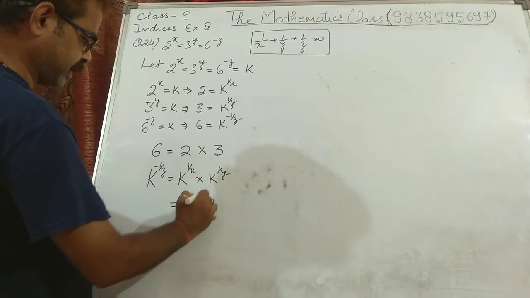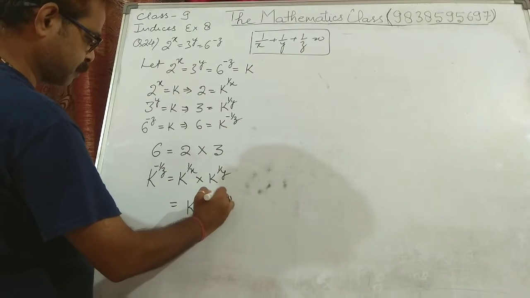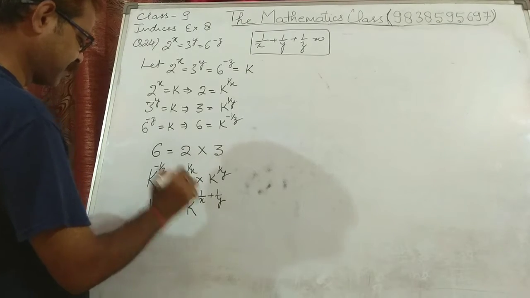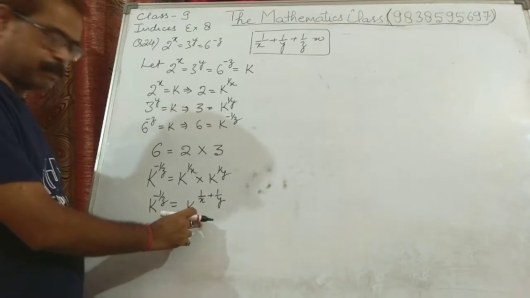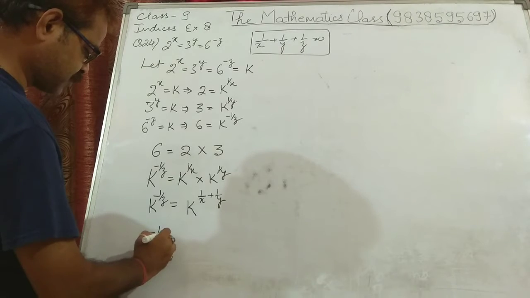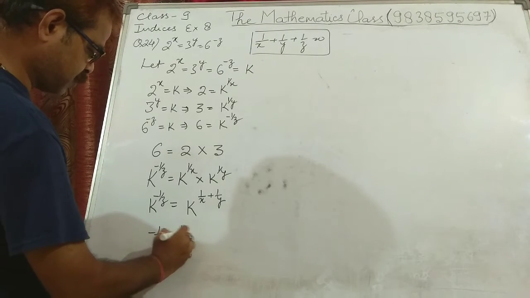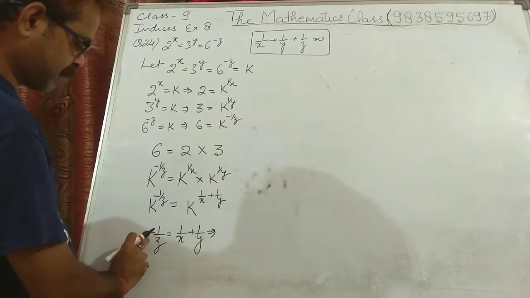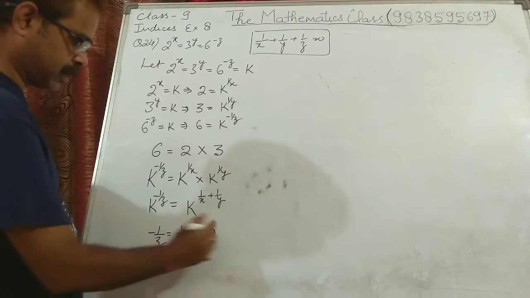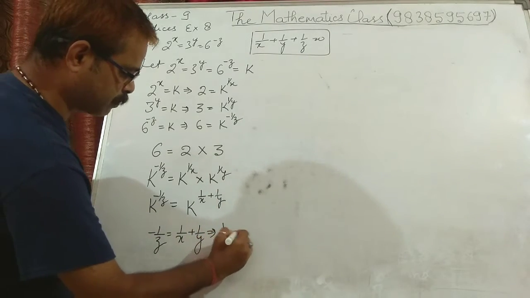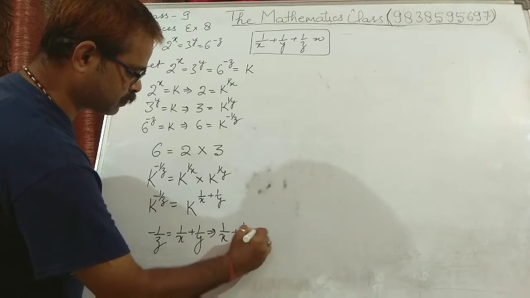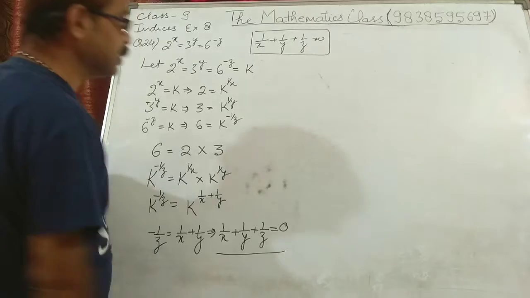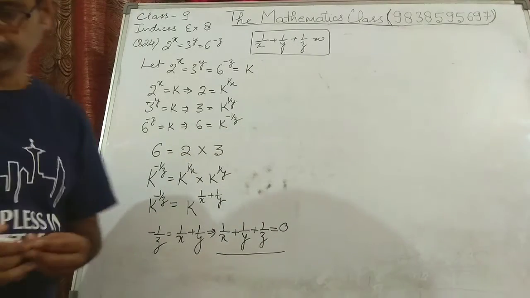So finally this can be written as k to the power (1/x + 1/y) equal to k to the power minus 1 upon z. Now when bases are equal, powers you can equate. It means 1 upon x plus 1 upon y is equal to minus 1 upon z. In the next step, minus 1 upon z will come to this side and it will become positive. So finally 1 upon x plus 1 upon y plus 1 upon z is equal to 0. That is the final value.